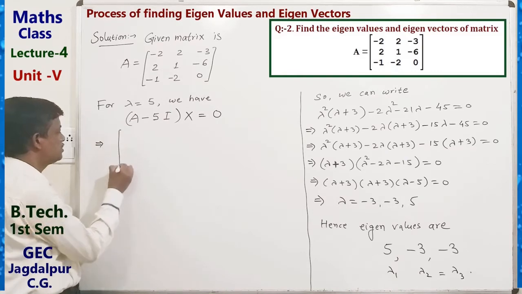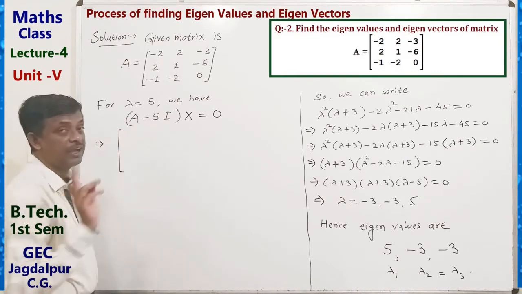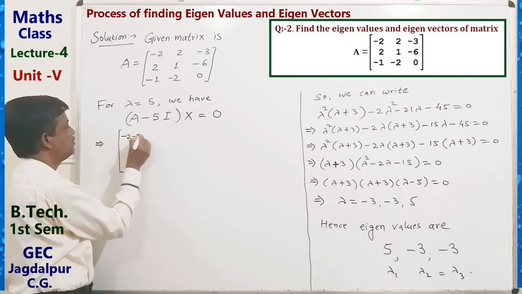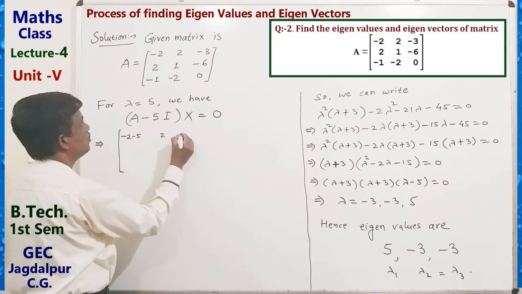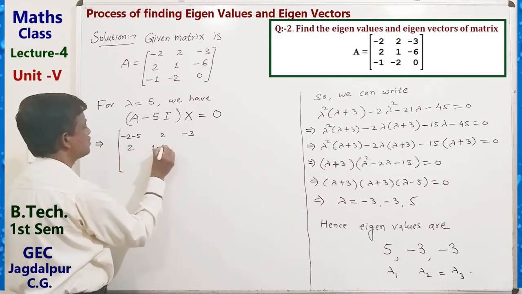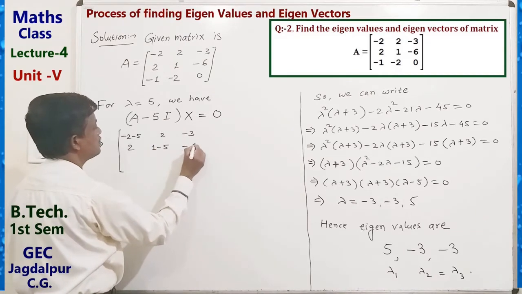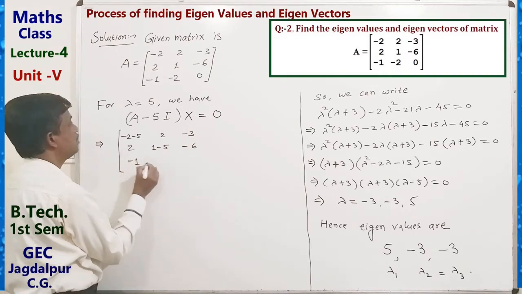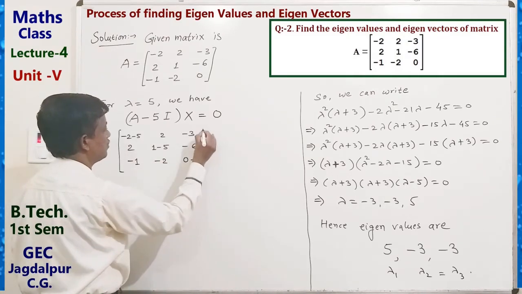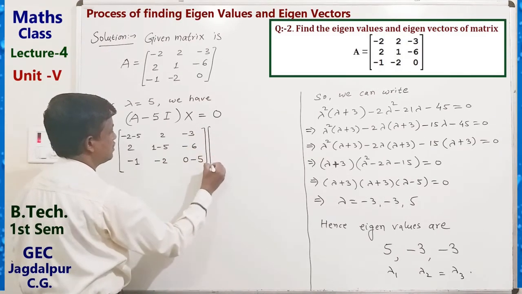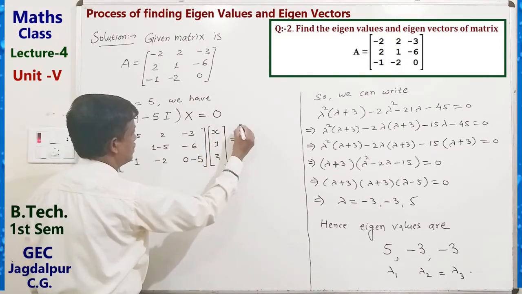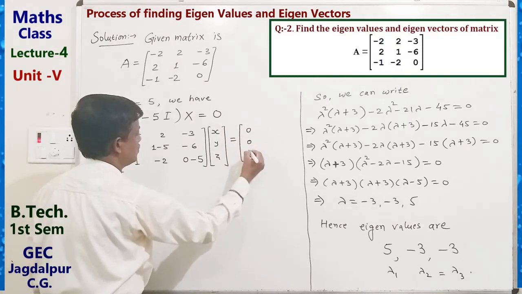Here write matrix A minus 5I, which means the diagonal entries are subtracted by 5. So minus 2 minus 5, 2, minus 3, 2, 1 minus 5, minus 6, here minus 1, minus 2, 0 minus 5. This matrix is with components x, y, z, and the right-hand side is 0, 0, 0.